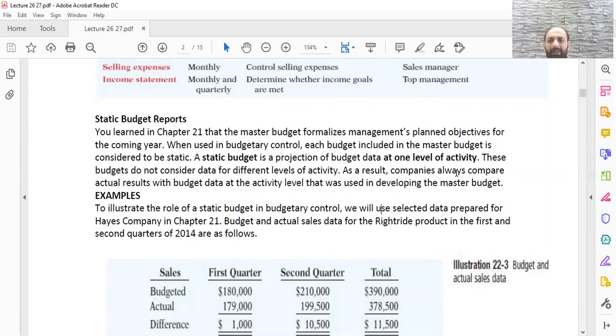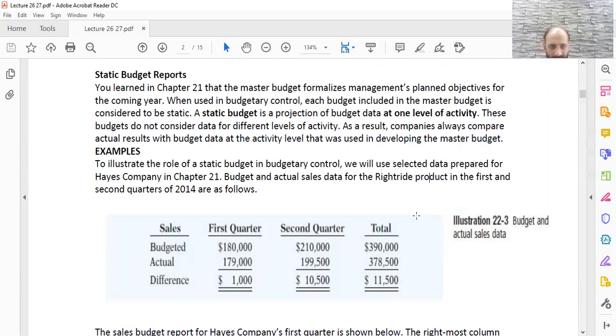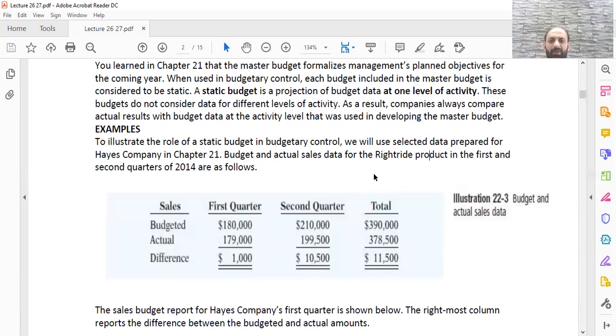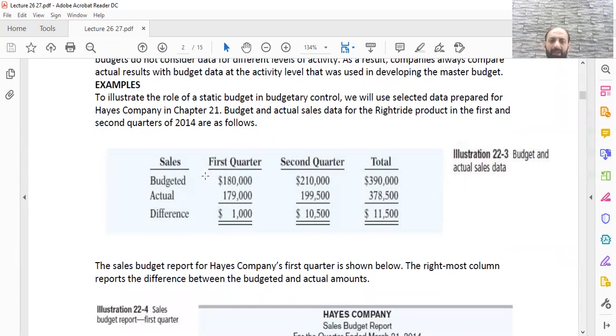As a result, companies always compare actual results with budget data at the activity level that was used in developing the master budget. To illustrate the role of a static budget in budgetary control, we will use selected data prepared for Hayes Company in Chapter 21. Budget and actual sales data for product Right in the first and second quarter of 2014 are as follows.